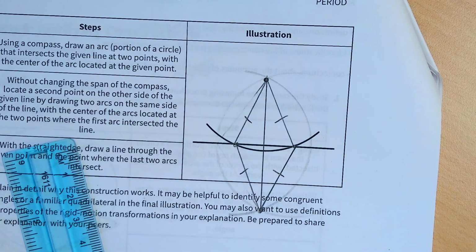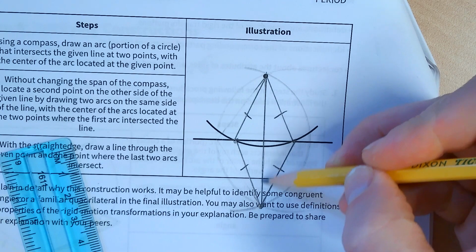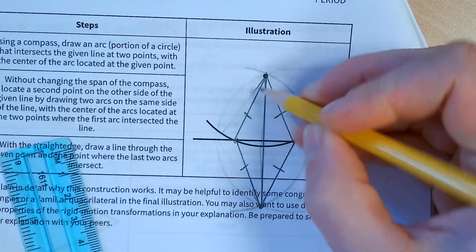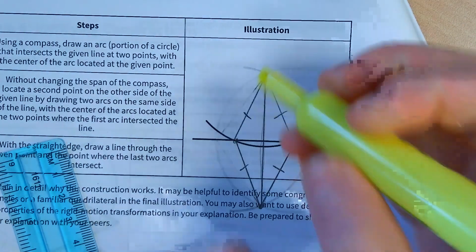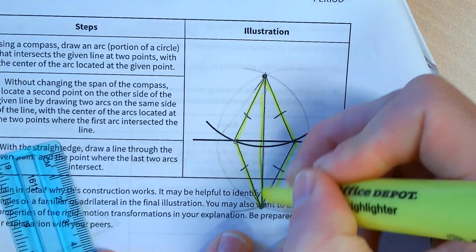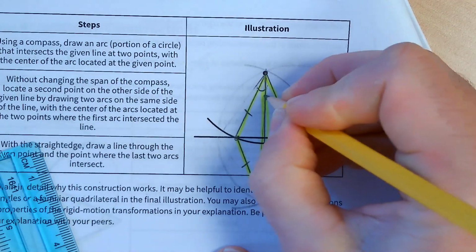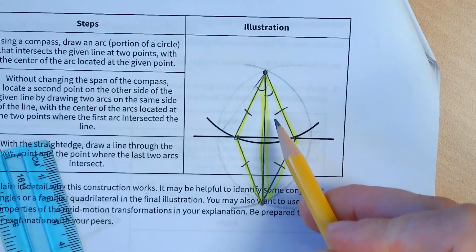So, along with the same as last time, this shared side, this is the one we just did, means that this triangle and this one are congruent, which means their angles are congruent. Okay?